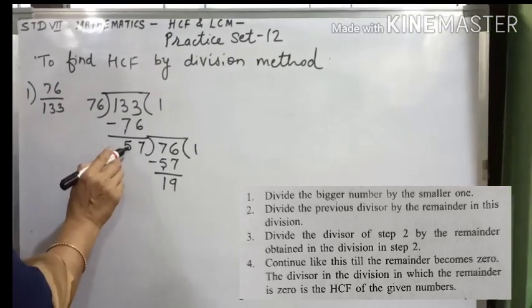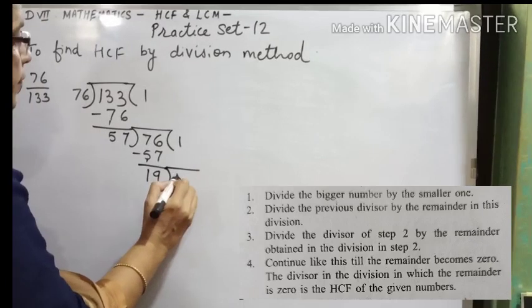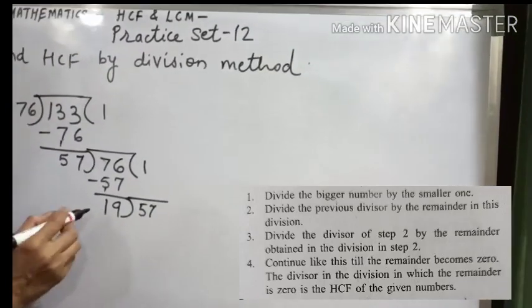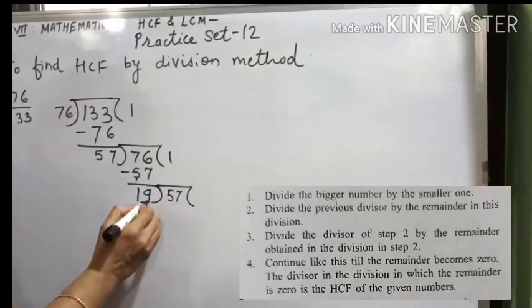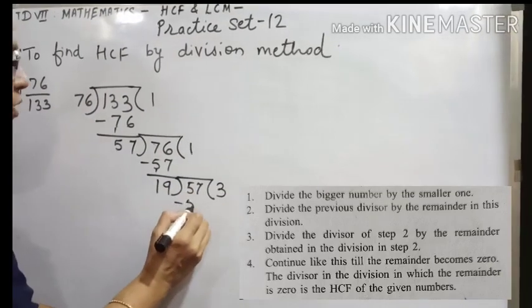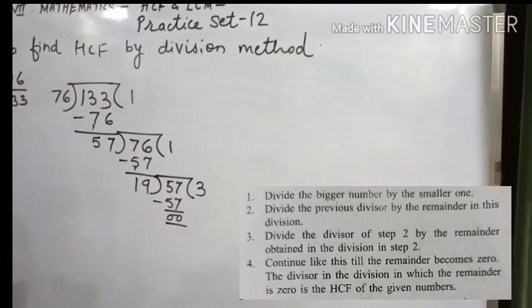Now take this divisor as the dividend, the next step, and our divisor will be 19. So divide 57 by 19. 57 comes in the table of 19. 19 threes are 57. So here the remainder is 0.